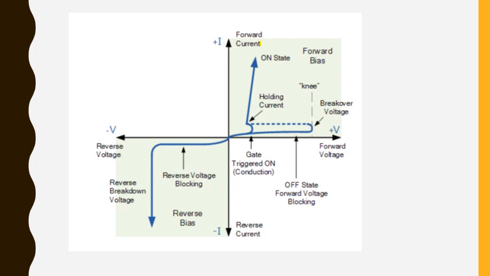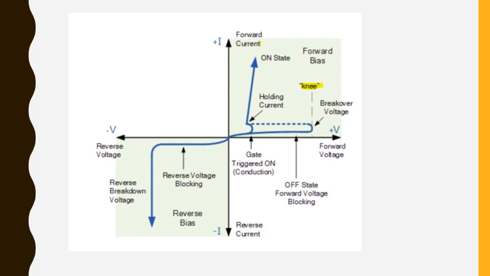If I don't apply the gate voltage, because of the avalanche breakdown at junction J2, the SCR breaks down at a particular voltage, the breakover voltage, which we call VBR, also called the knee voltage. Assume you are not applying any gate voltage, because of which it takes this much voltage for the SCR to be forward biased.